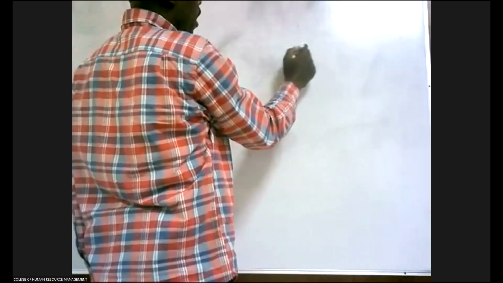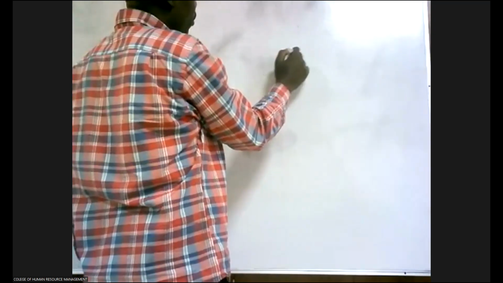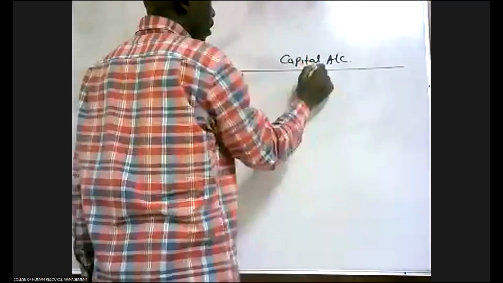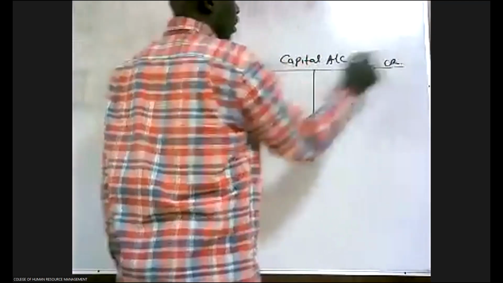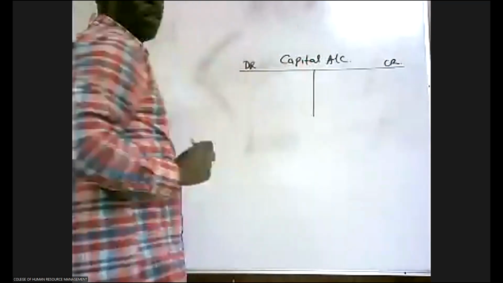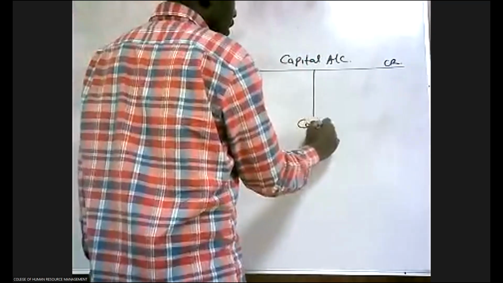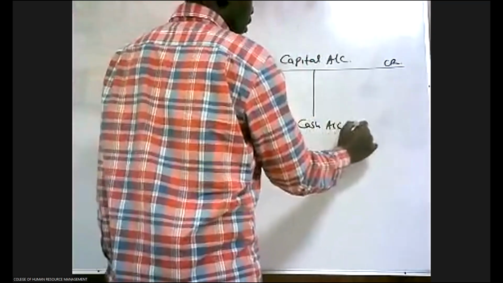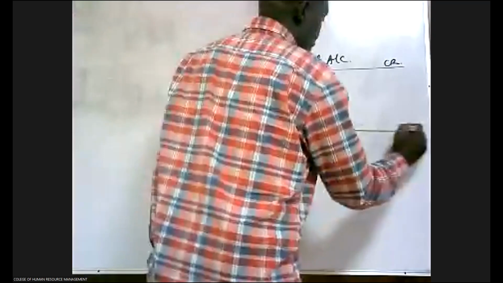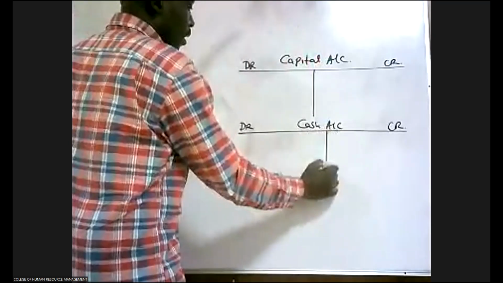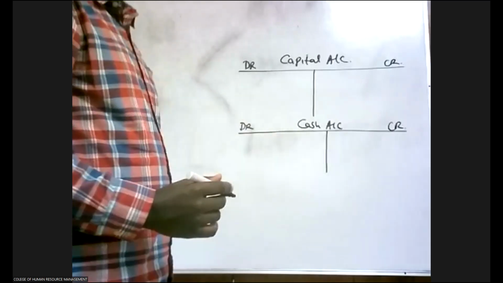This is what will happen. We shall come here and open our capital account. Yeah, the network is not clear, and this is very important.